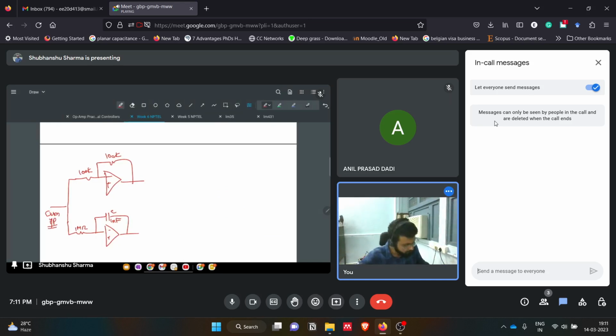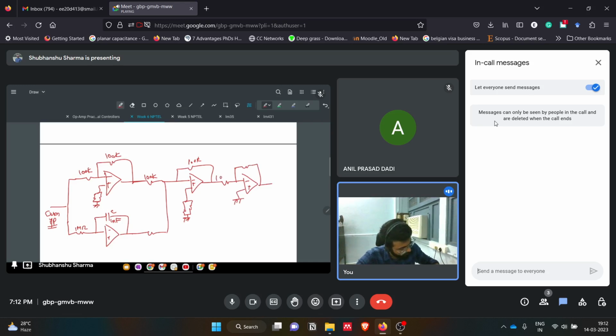Again we can have that bias compensation here. Now both of these are added, and then given to another op amp, which has 100k here and 100k here, again with that bias compensation.